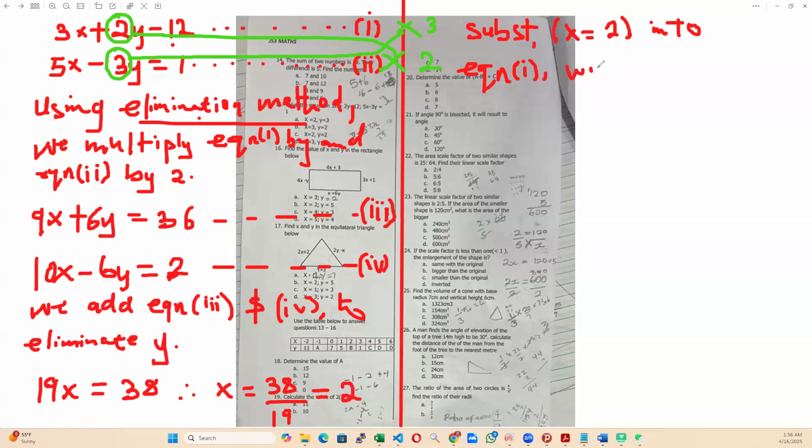We obtain 3 bracket 2 plus 2y equal to 12.